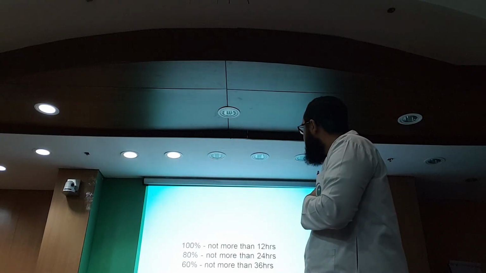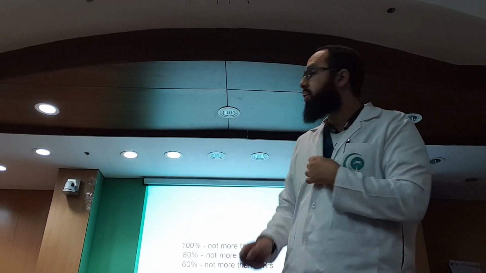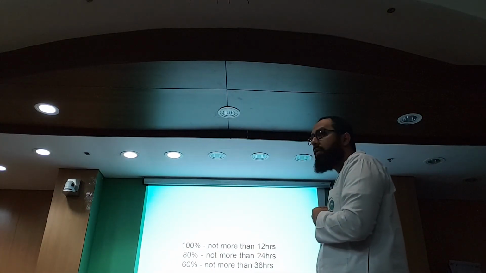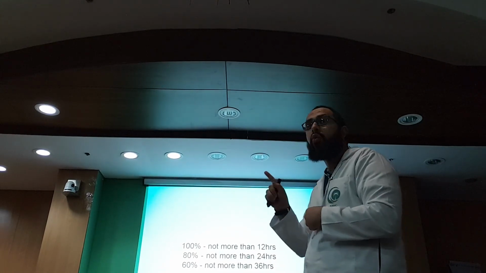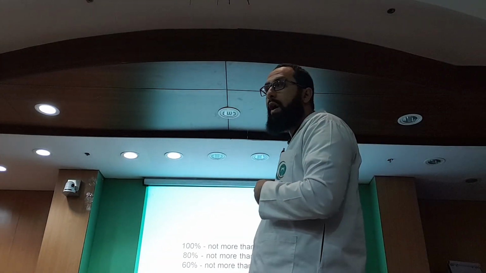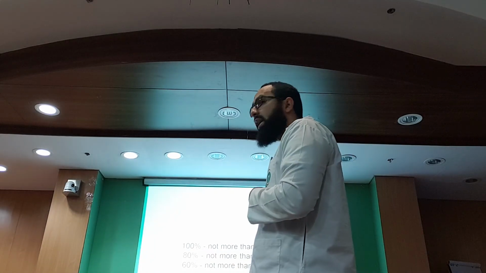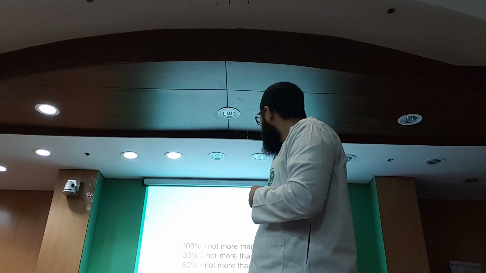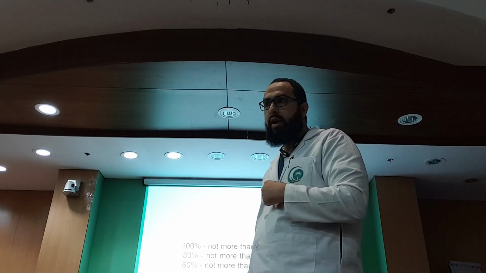It will even cause convulsions. So don't allow the patient to stay on FiO2 100% more than 12 hours. FiO2 80% should not exceed 24 hours, and 60% should not exceed 36 hours. Okay? Any questions? Clear? Is it clear?